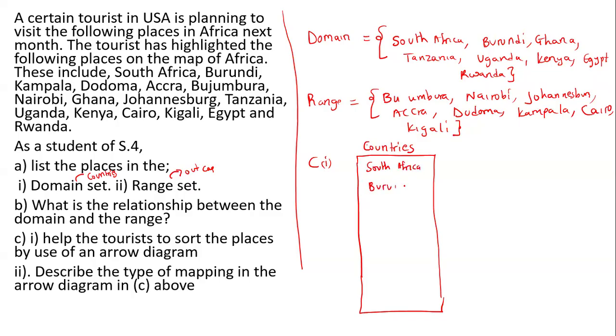Here we put South Africa, Burundi, Ghana, Tanzania, Uganda, Kenya, Egypt, Rwanda.